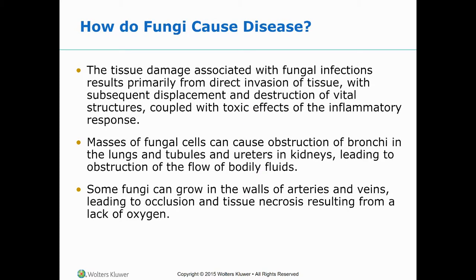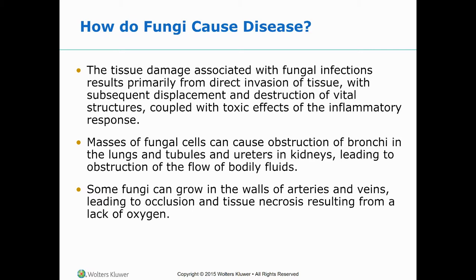Okay. So again, how do fungi cause disease? They go into the tissue, and essentially they can destroy vital structures. They can also cause an inflammatory response, and depending on the type of inflammatory response, there can be toxic effects that go along with it. If you secrete too much of the hormones associated with an inflammatory response, that can cause issues.